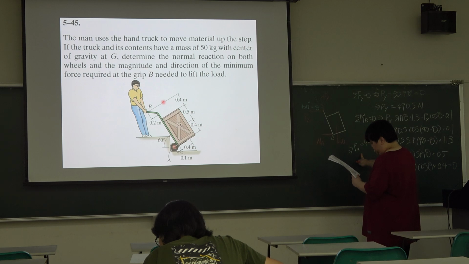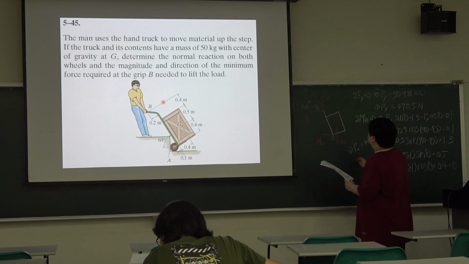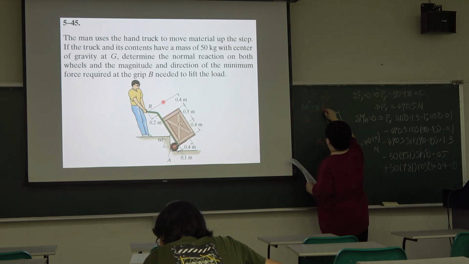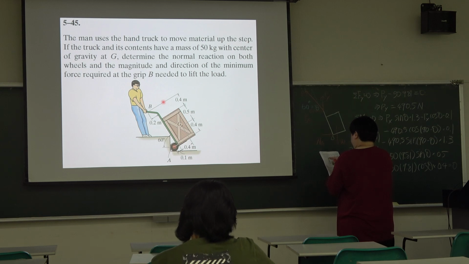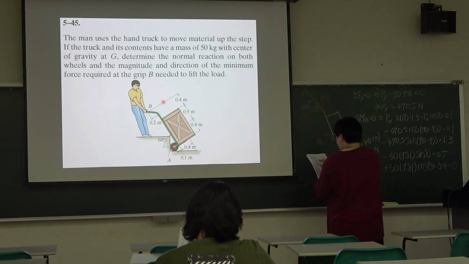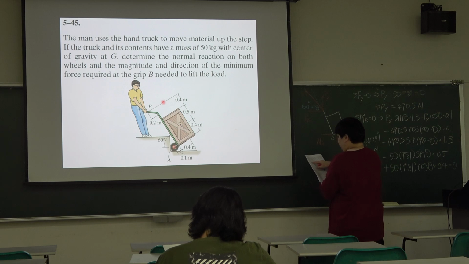The angle of the P, okay, so these two forces we can combine together into one P. And how to check the angle? Check the angle of the direction of the minimum force required.